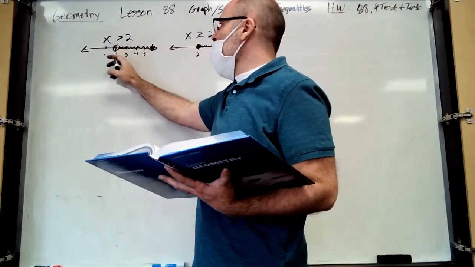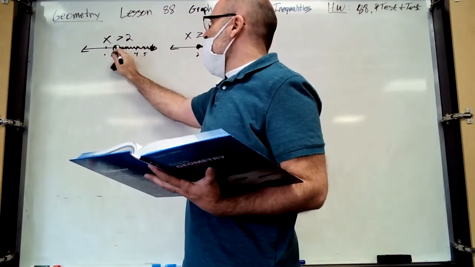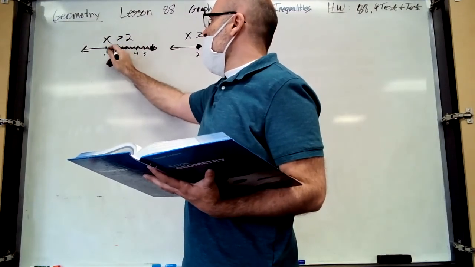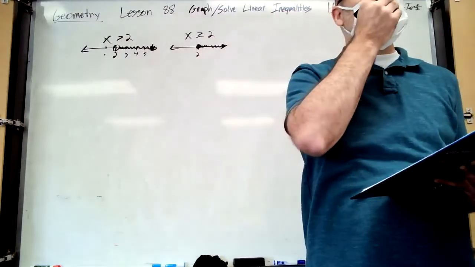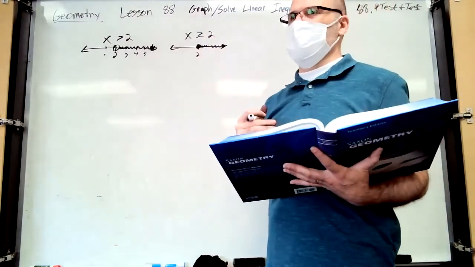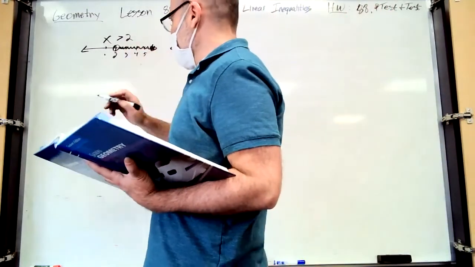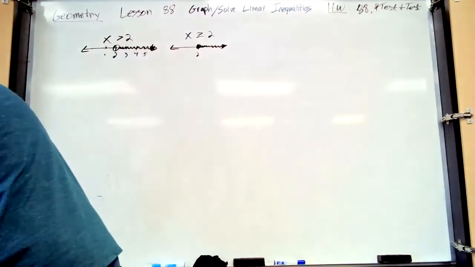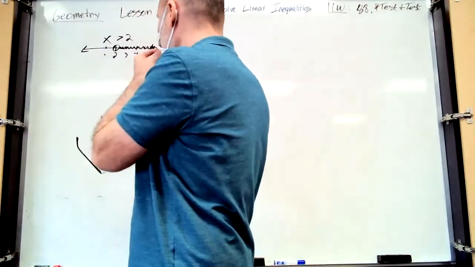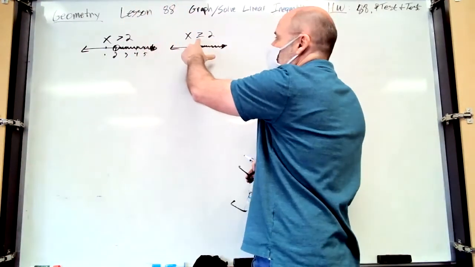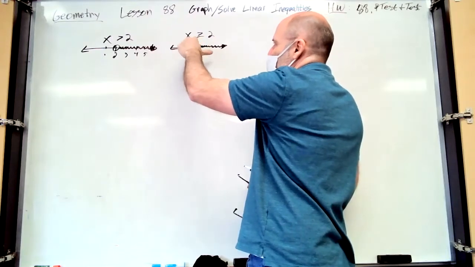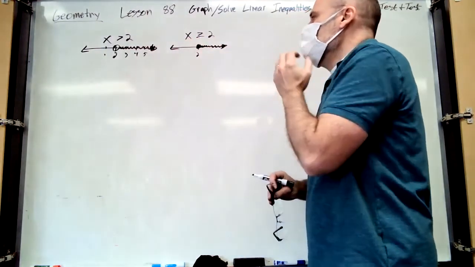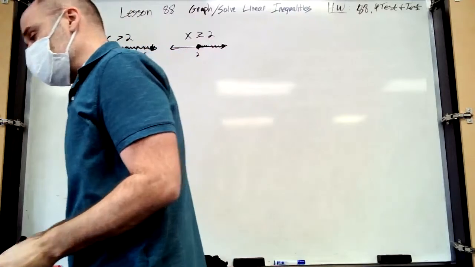Like everything up to 2. So we can't shade as close as we can without touching it. So we put a little circle around there to signify, I call it an everything but. Shade everything but 2. Okay? But don't shade on the left because it's everything greater than 2. Now this is greater than or equal to, so we're not only going to shade to the right of 2, but we're going to shade 2 as well. Okay? So that was one-dimensional inequalities.